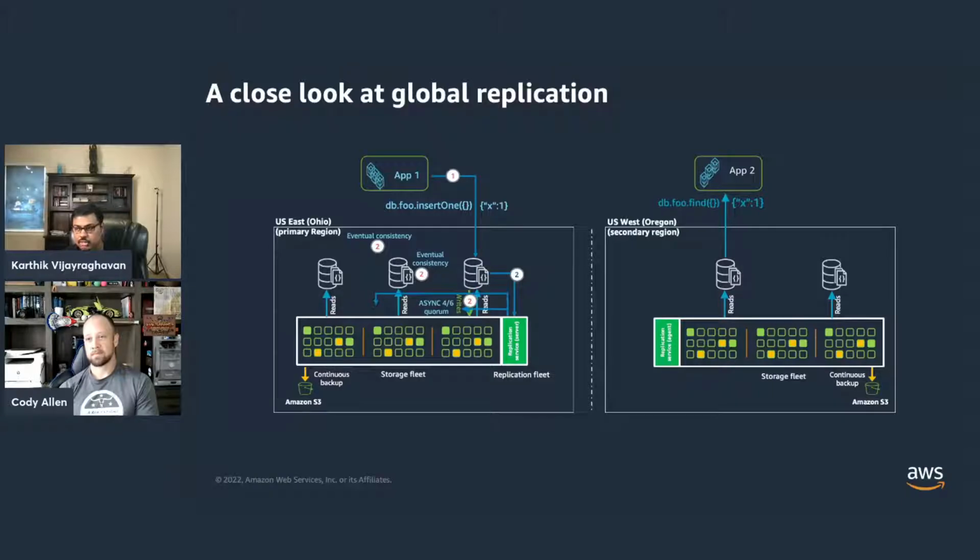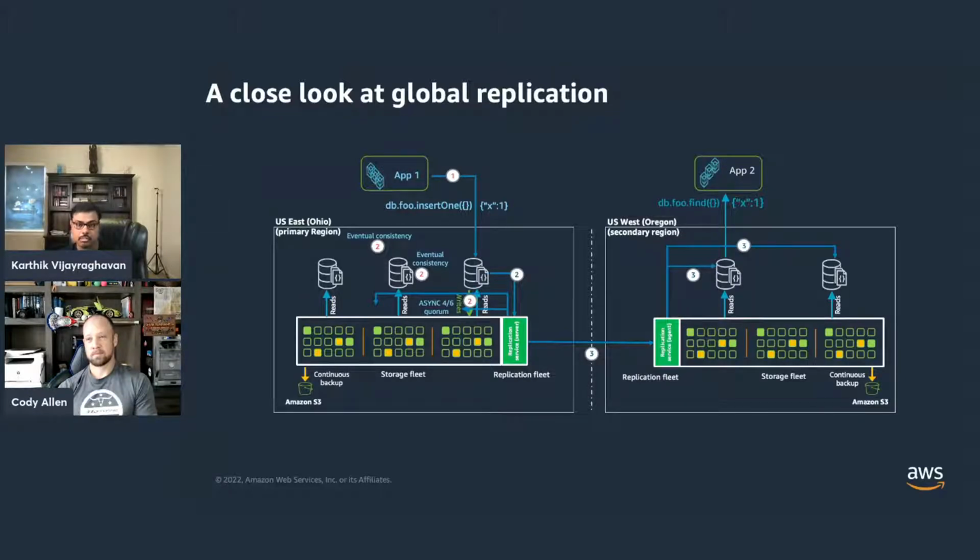So we have a replication fleet in the storage volume that replicates this data, streaming those records into the replication fleet on the secondary side, in this case Oregon. Then on the secondary cluster, the replication agent receives those log records and updates them to the instances.